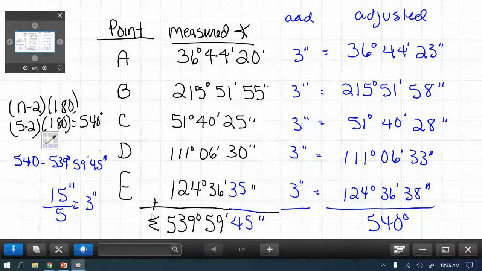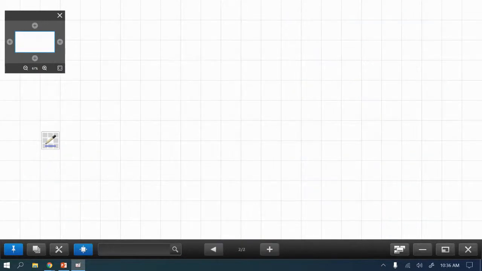Like I said, we're going to get our preliminary azimuths next. I'm not going to be quite perfect.